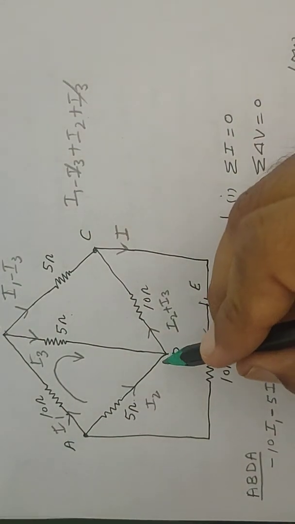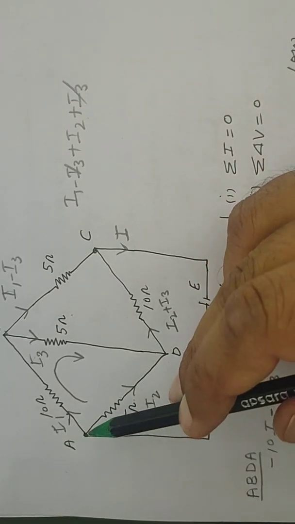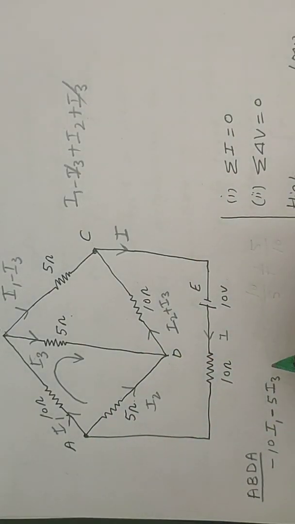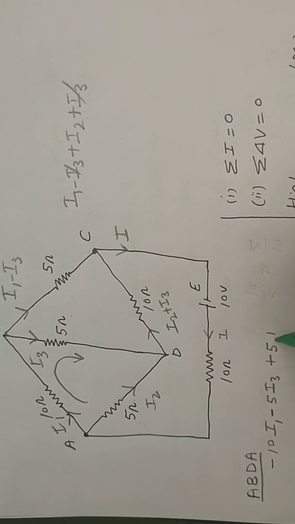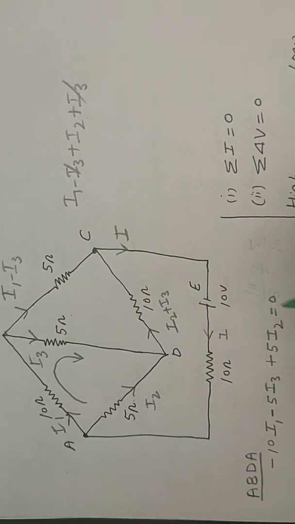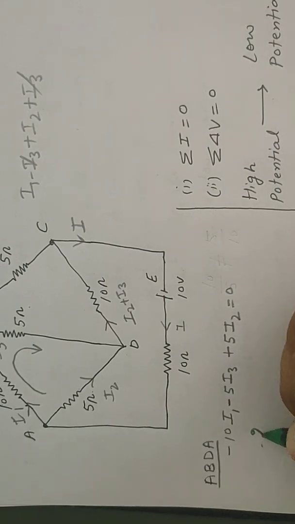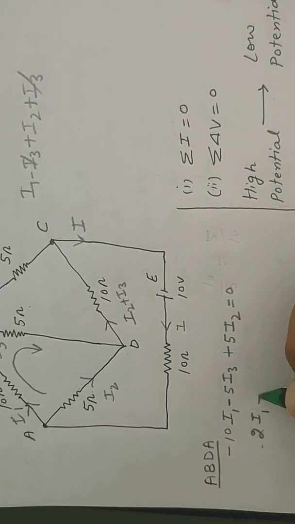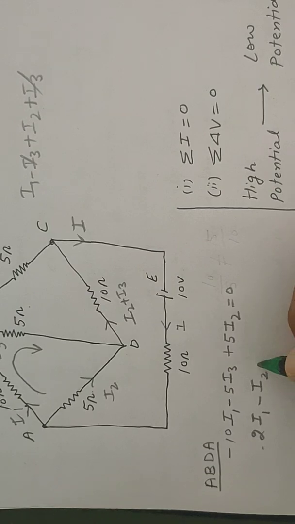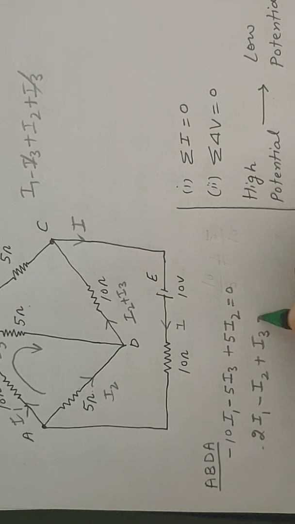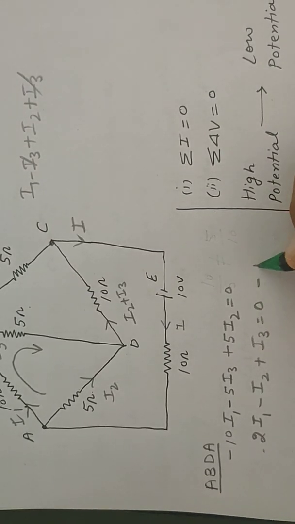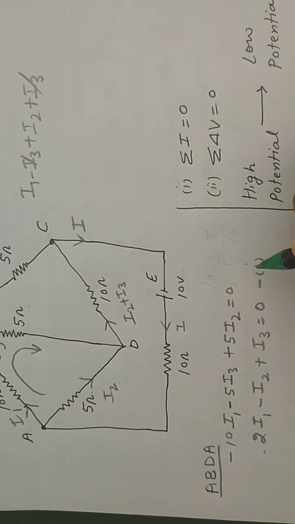Here we are going from low potential to high potential, so we get 5 I2 equal to 0. On simplifying, we get 2 I1 minus I2 plus I3 equal to 0. This is equation number 1.